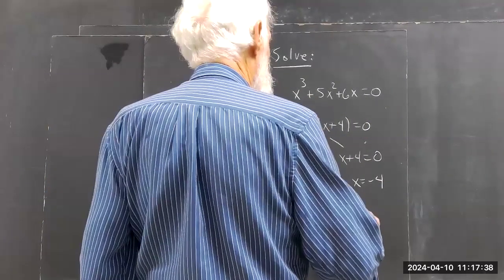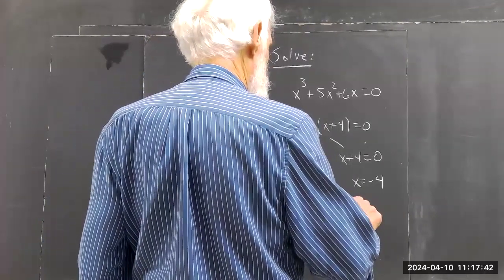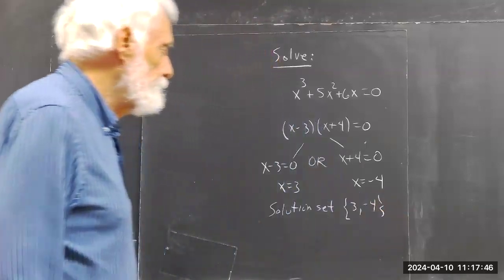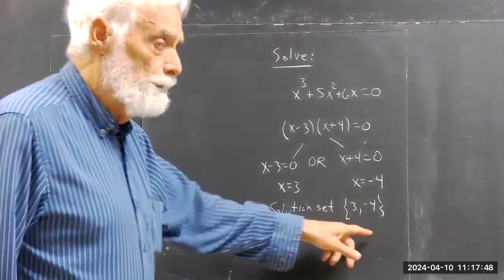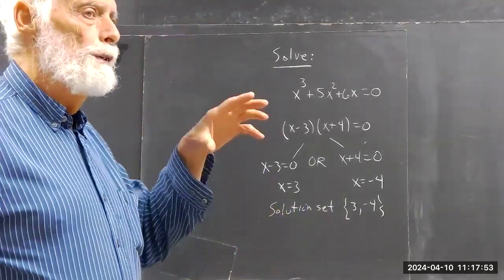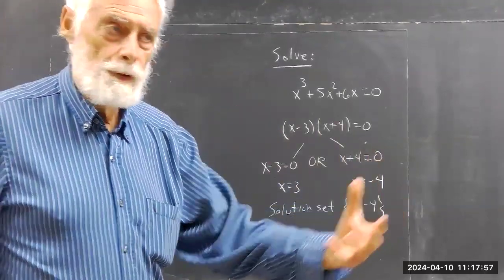If you write it on paper, it's a set, so you put set brackets around it. And you write it like this, and you identify that as the solution set. You want to write out all these words because they're important for understanding what comes later.